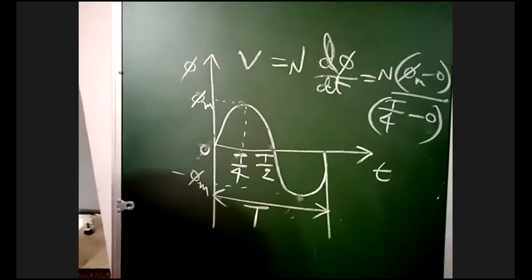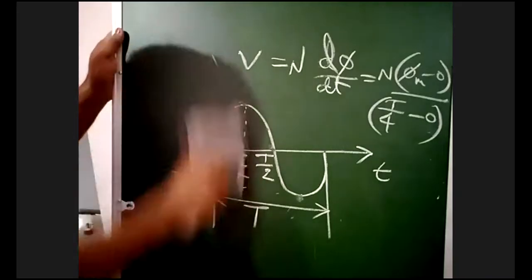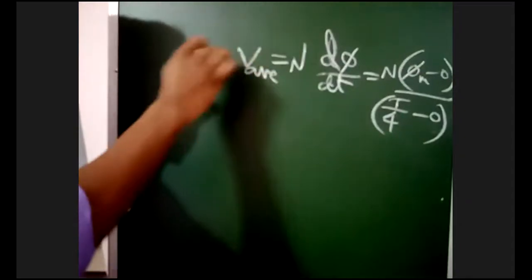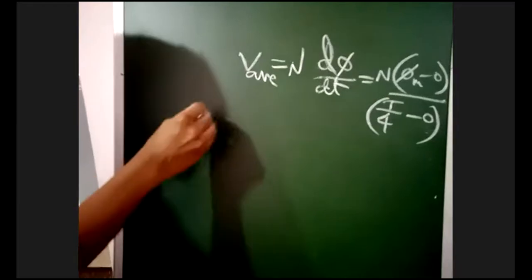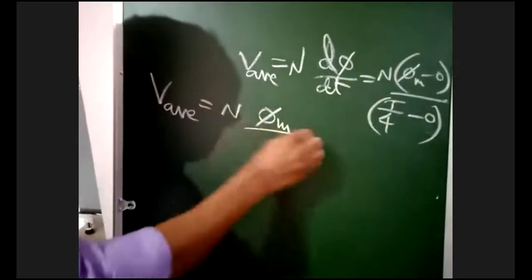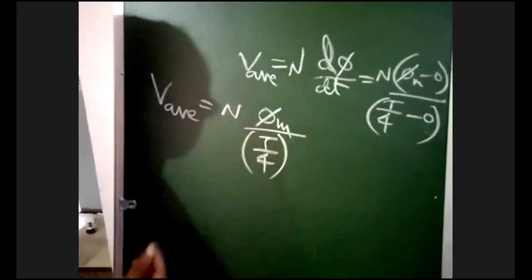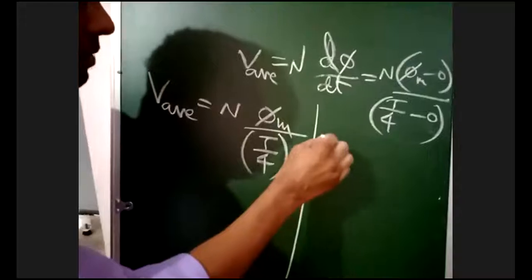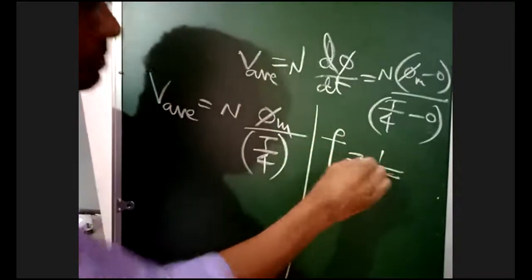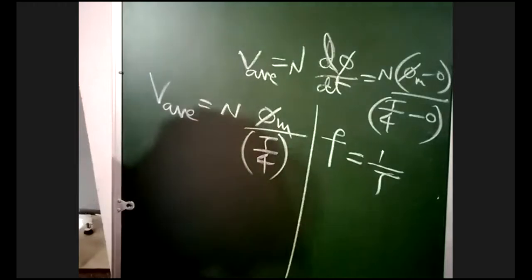Okay. Now I am removing this. Now I am deriving the average voltage. Average voltage, V average, is equal to N into phi m by T/4. Now tell me, what is the formula for frequency? Frequency is equal to 1 by time period.